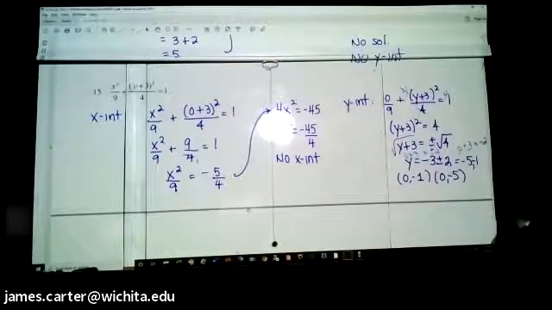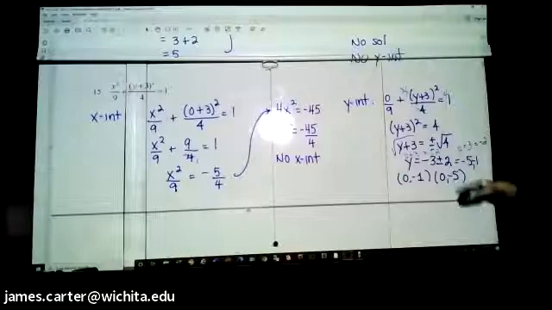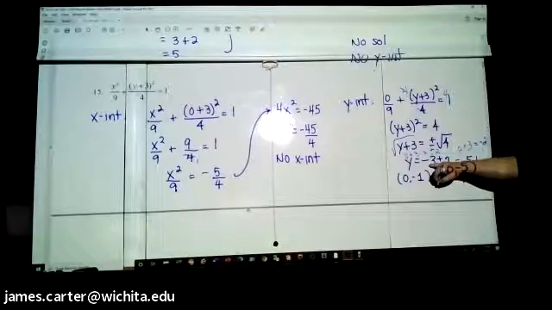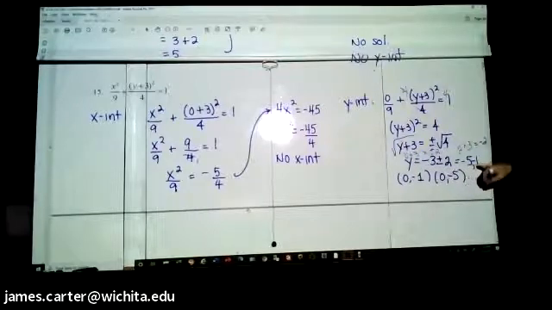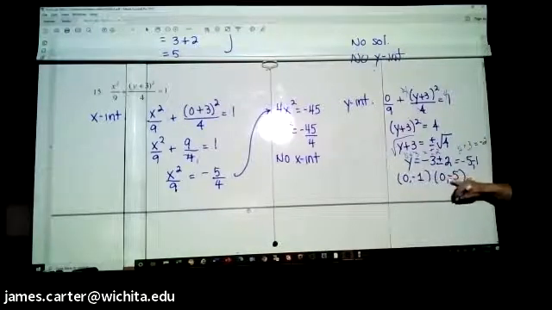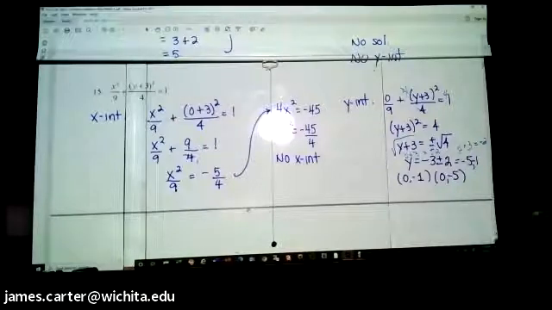Okay, so you take this 3 on the other side, so you get negative 3 plus or minus 2, which gives you the two values of negative 5 and negative 1. So there are 2 y-intercepts in this case.